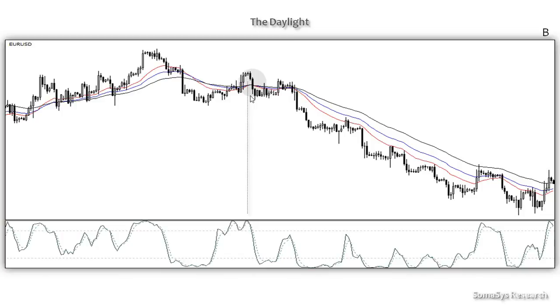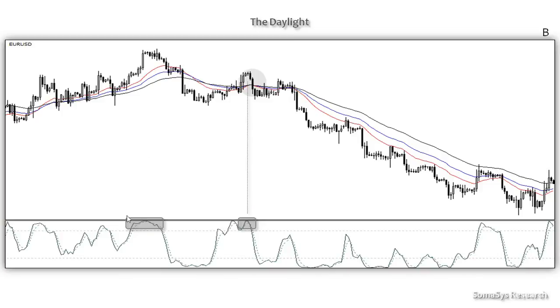So first we mark an immediate overbought condition around the time of this setup. Since it's an overbought scenario here, we will mark the immediately preceding overbought condition. But between these two overbought conditions, there must be an instance of oversold condition.